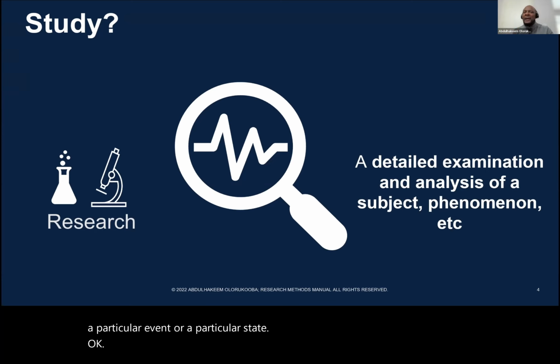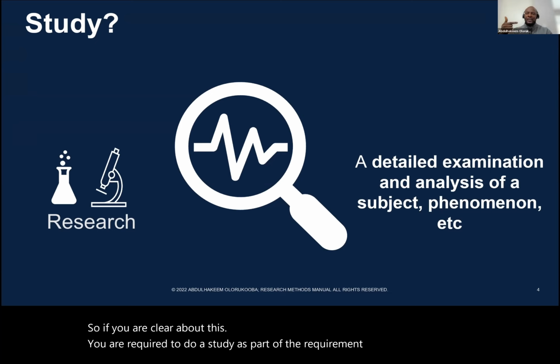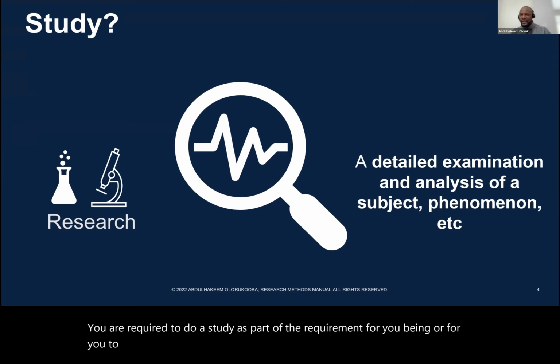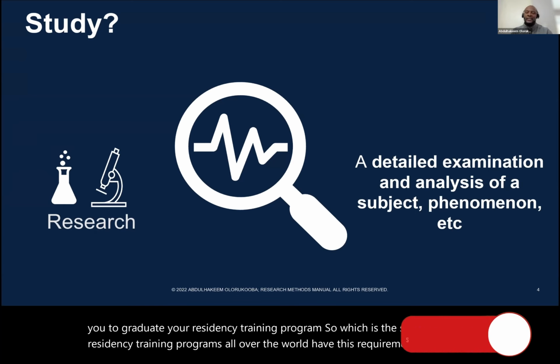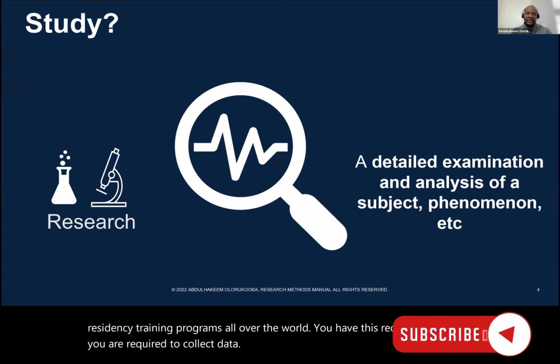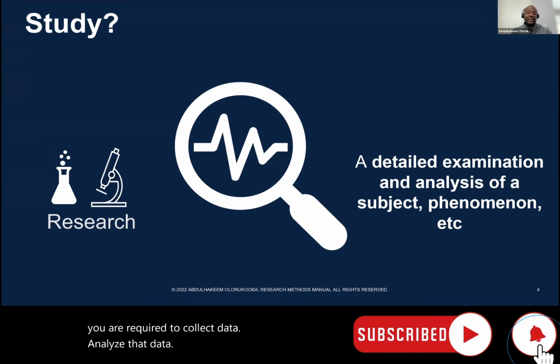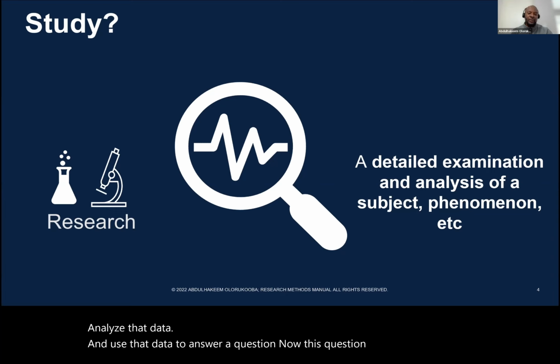So if you are clear about this, you are required to do a study as part of the requirement for you to graduate from your residency training program, which is the same for most residency training programs all over the world. You are required to collect data, analyze that data, and use that data to answer a question. Now, this question is none other than your research question.